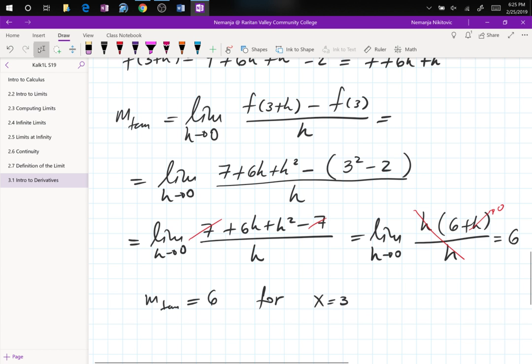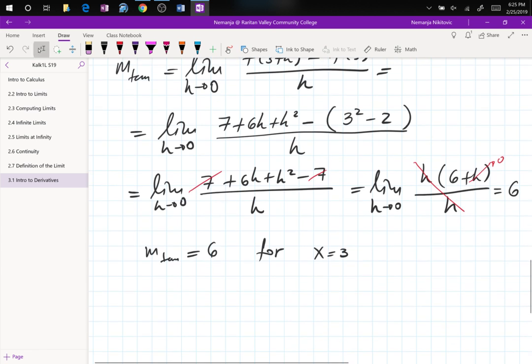Well, first off, you had function composition, and then your algebra was to cancel these and then factor one of the h's. Right, so factoring and then calculating. So no calculus until you reach the last step when you say, oh, h goes to 0, and the slope turned out to be 6.